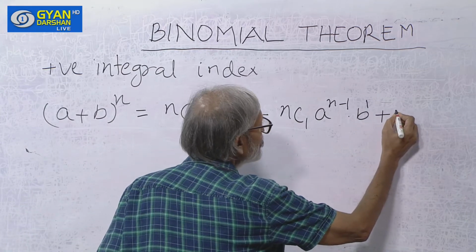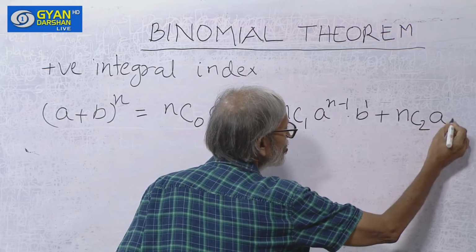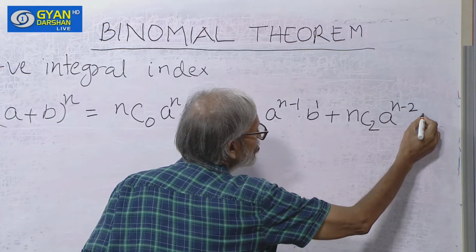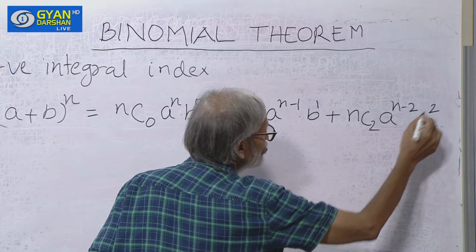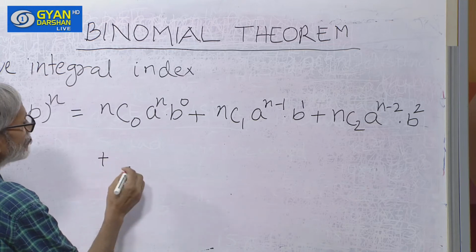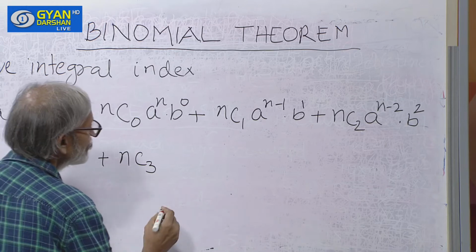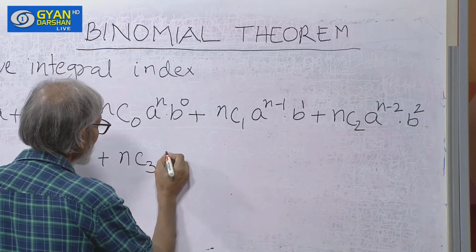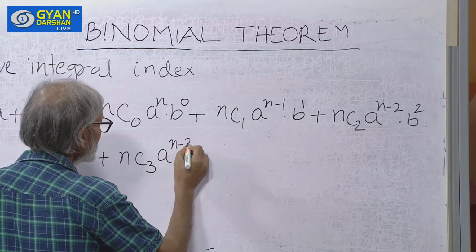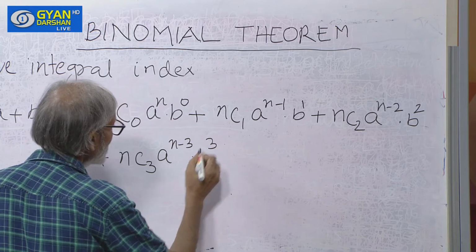The next term will be nC2 a to the power n minus 2 into b to the power 2. The next term would be nC3 a to the power n minus 3 into b to the power 3.